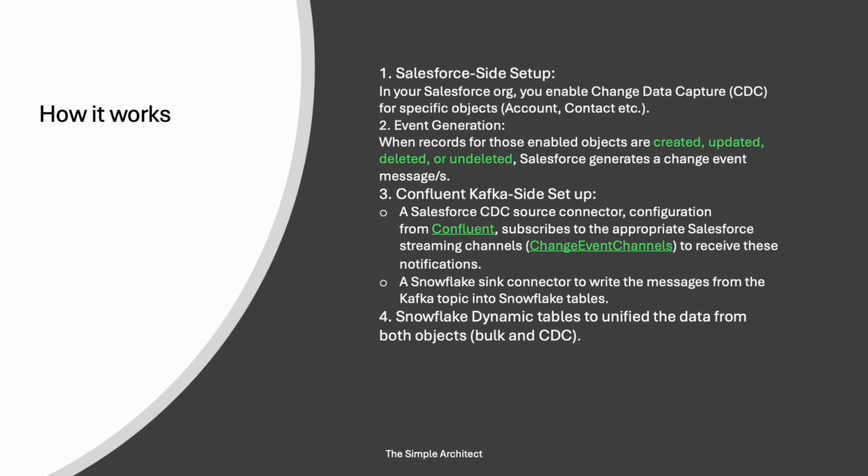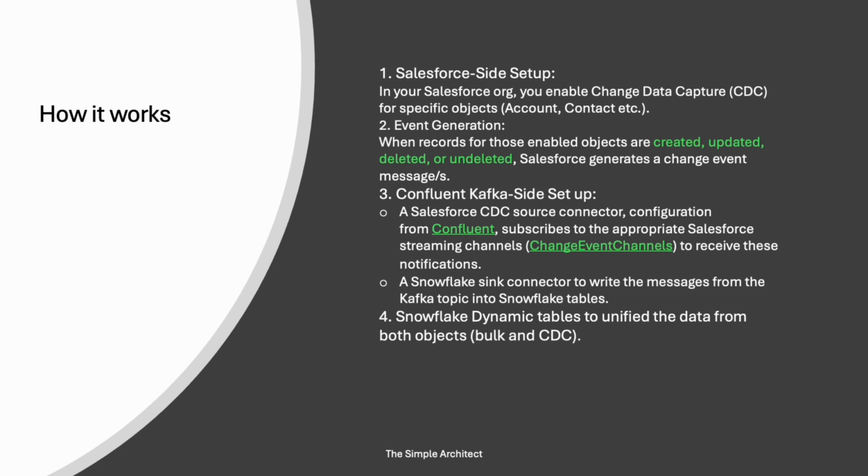Confluent Kafka side setup: a Salesforce CDC source connector configuration from Confluent Kafka that subscribes to the appropriate Salesforce streaming channels, change event channels, to receive these notifications or events created, updated, deleted, or undeleted.